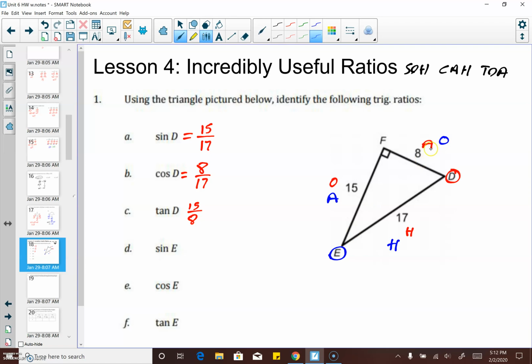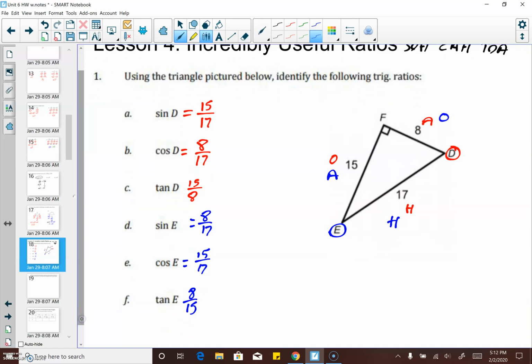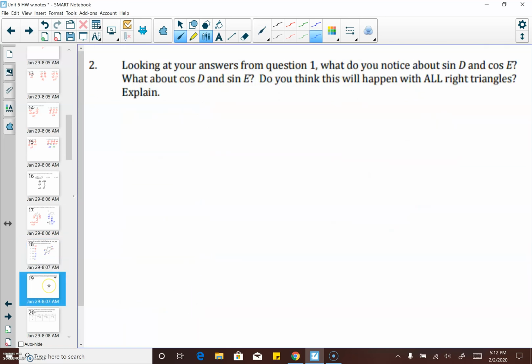Sine of E, so opposite over hypotenuse, gives me 8 over 17. Cosine gives me adjacent over hypotenuse, 15 over 17, and tan gives me opposite over adjacent, which is 8 over 15. And again, tan can be greater than 1, but it doesn't have to be.